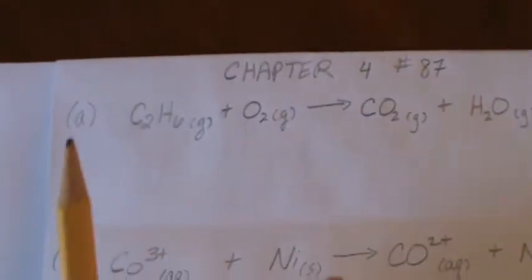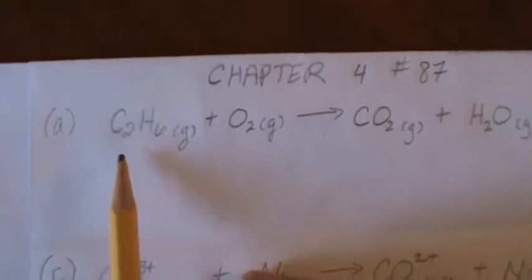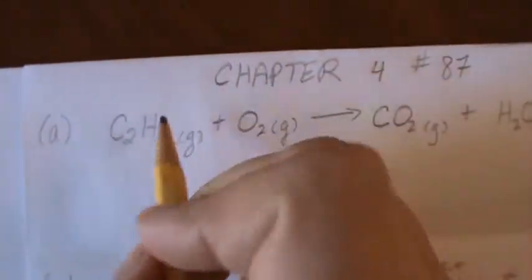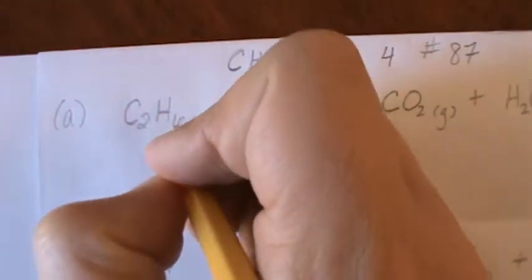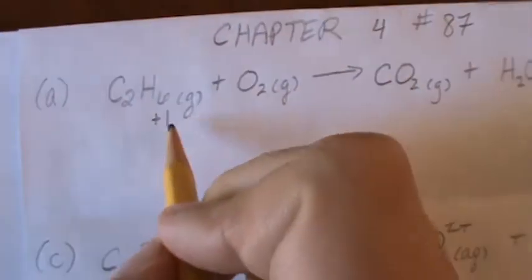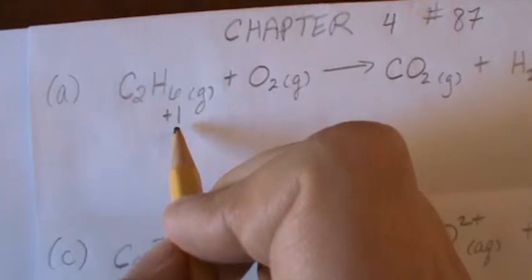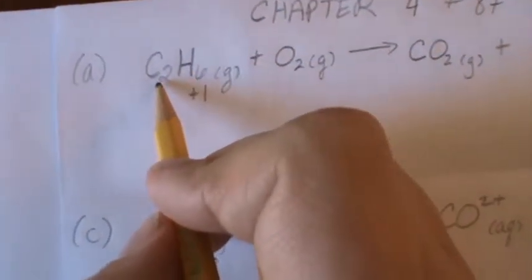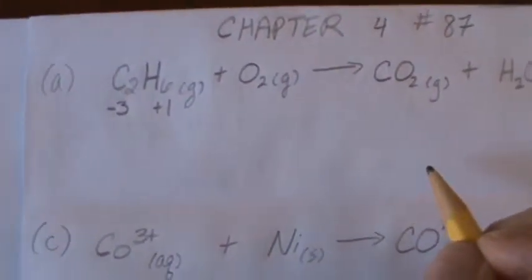The first thing we need to do is assign oxidation states to our compounds. The hydrogens each have +1, and there are 6 of them, so that gives us an overall +6. The 2 carbons need to balance out the +6, so each carbon has a -3 charge.